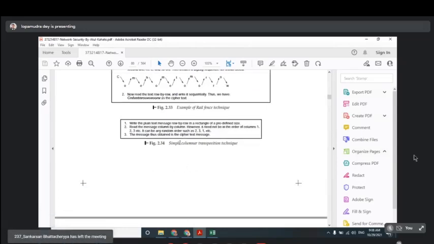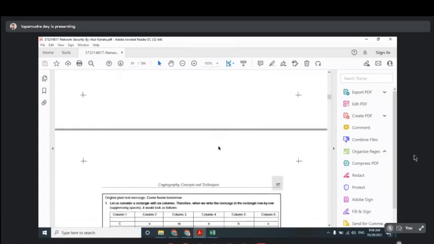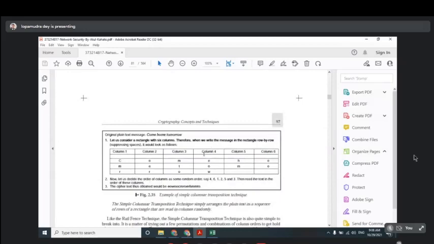Now, the simple columnar transposition technique that we have already discussed. First of all, we have to consider the key. If the key is 6 columns, then we write down the total plain text: come, home, then tomorrow, TOMORRW, in this way.